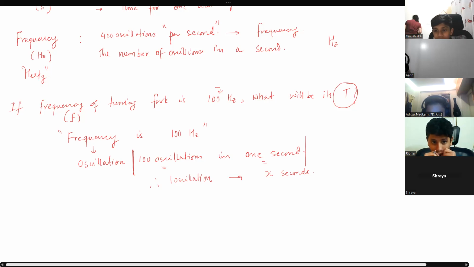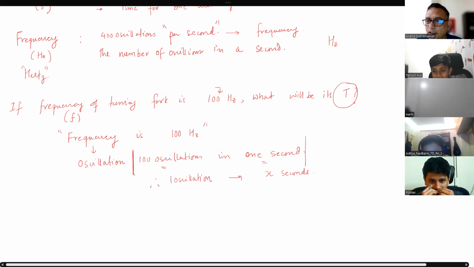What is the time taken for 1 clap? 0.5 seconds. How did you do it? Unitary method. 1 divided by 2.